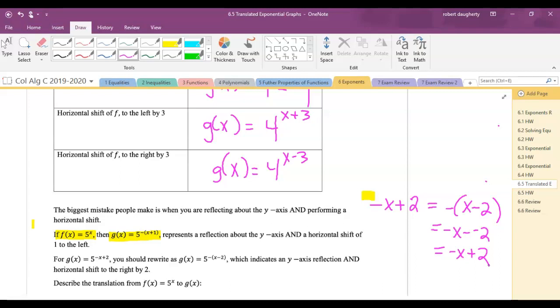Come on, guys. In the exponent, these movements are what? Horizontal or vertical? Horizontal. The words for horizontal are going to be right and left, okay? So it's reflected about the y-axis. The minus 2 means it's moved where? To the right, okay? So this is reflected about the y-axis and moved to the right by 2, okay?